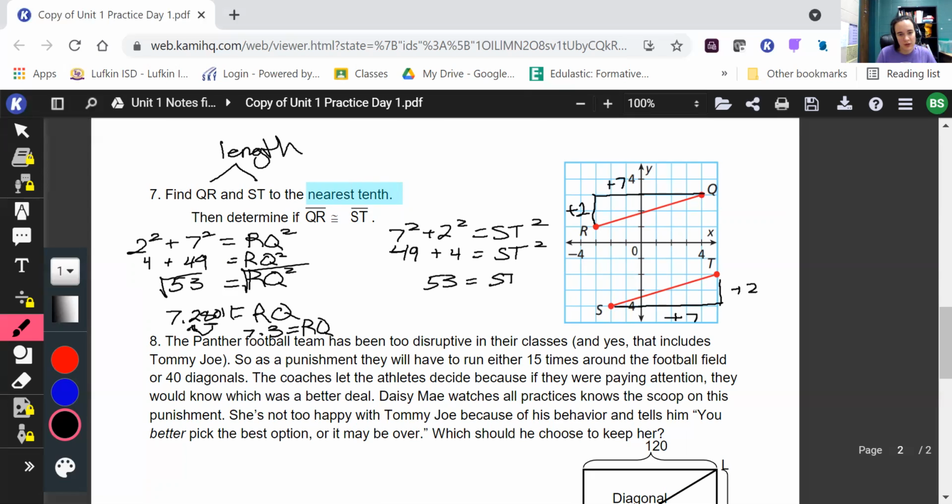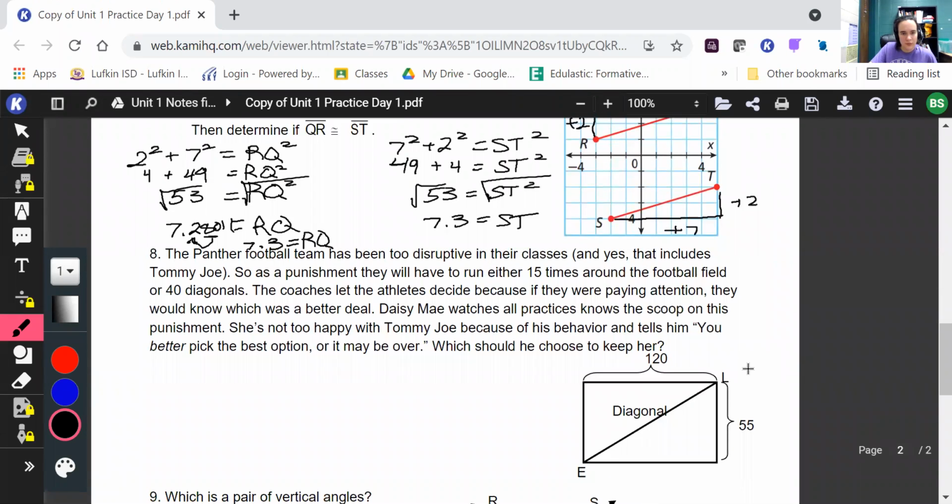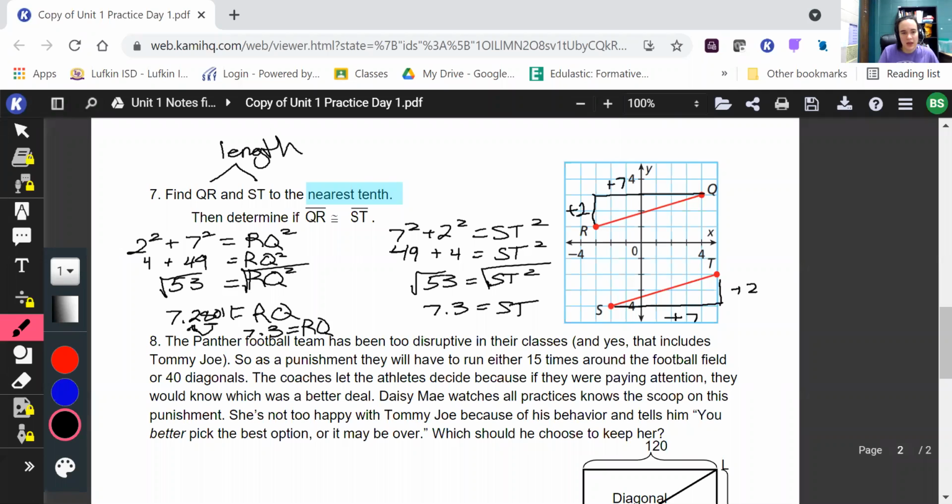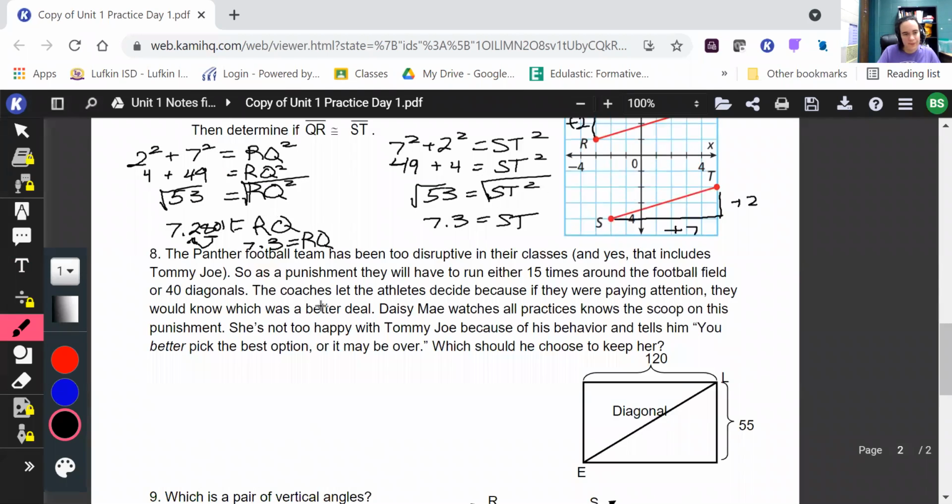And then when you take the square root of that, that gets us 7.3 again when we round. So that tells us that the length of QR is congruent to the length of ST. Those two segments are congruent.